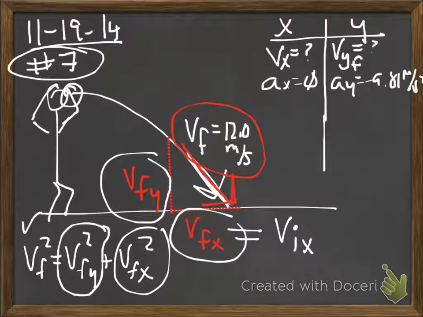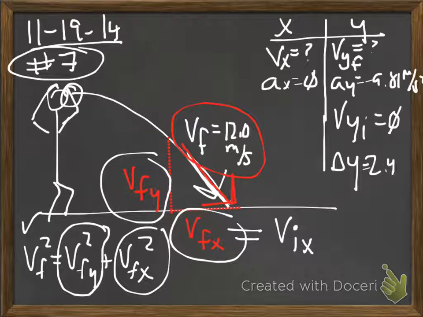So, based on what you know, Vy, let's see, Vyi is 0, and we know delta y, which is 2.45 meters.